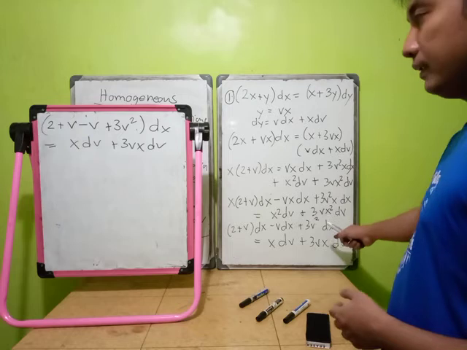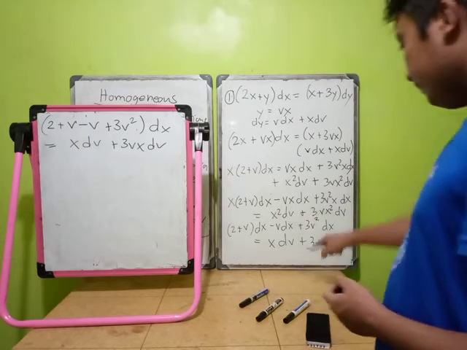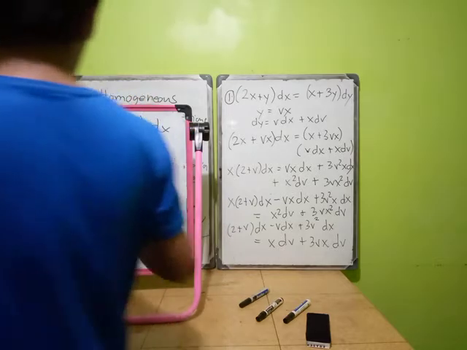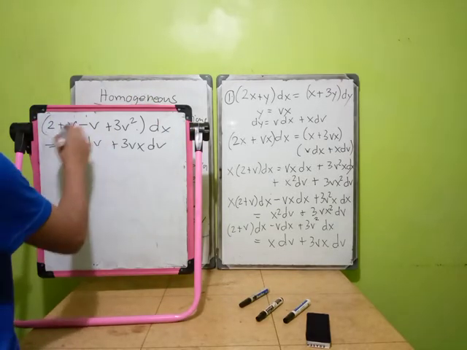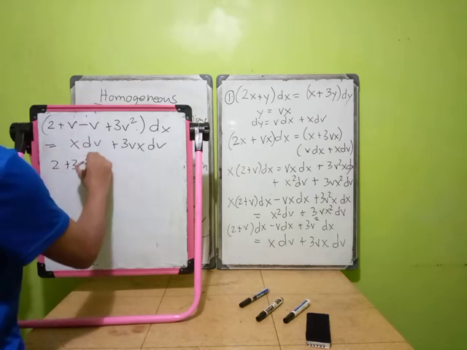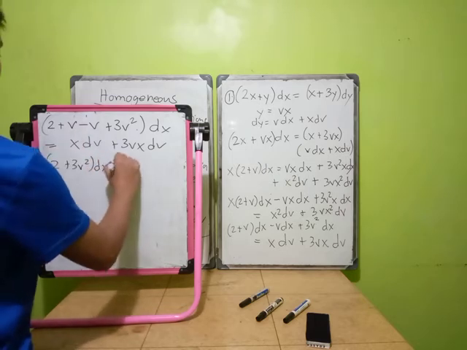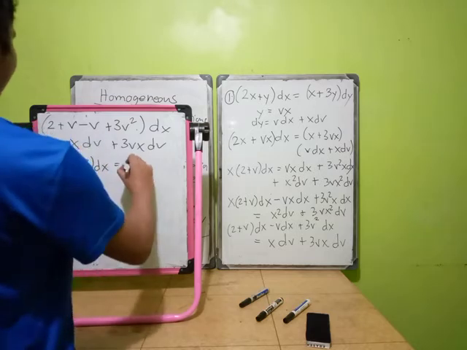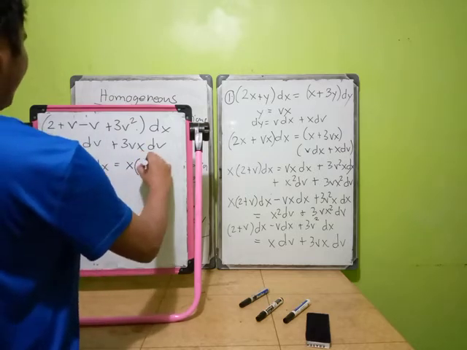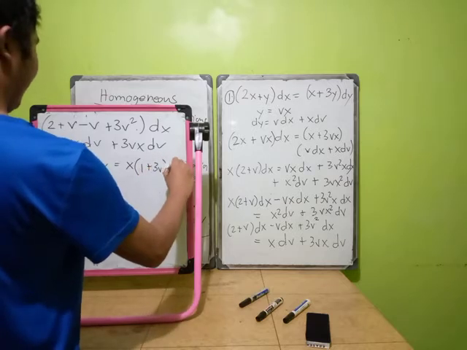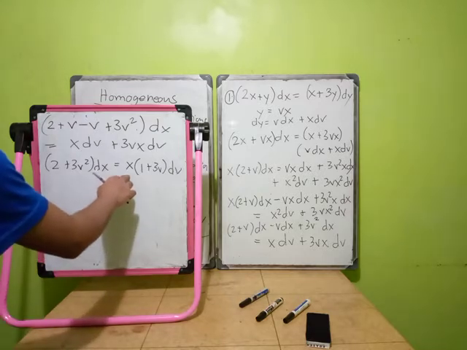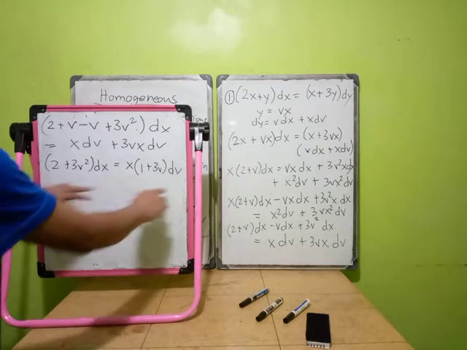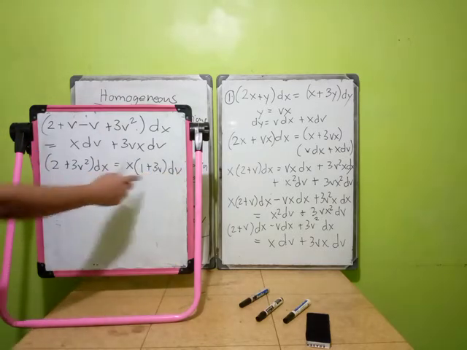So ganyan. So we can factor out, okay? So we can simplify this kasi may v. So magiging 2 plus 3v squared dx na lang to is equal to, okay, pwede natin i-factor out si x, so 1 plus 3v dv, okay? So by using mathematical manipulation, pwede nating ilipat lahat ng may v dito at ilipat natin lahat ng may x dito.